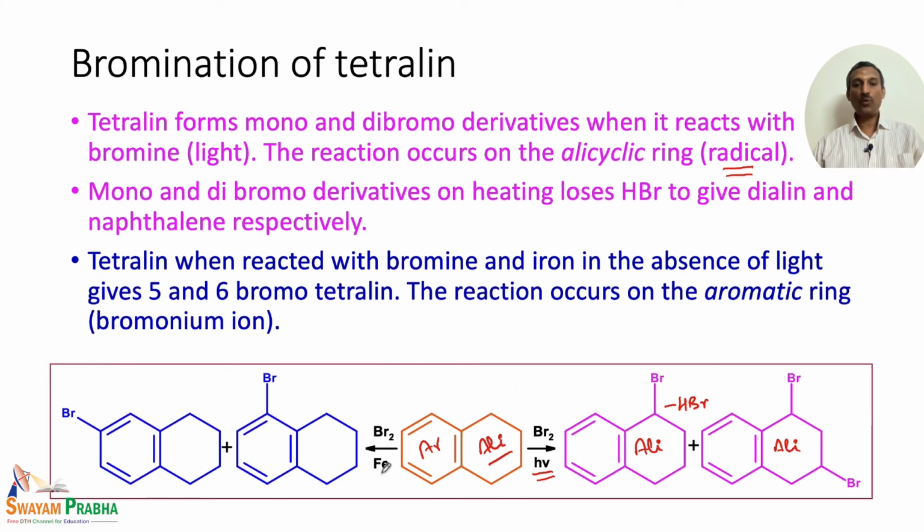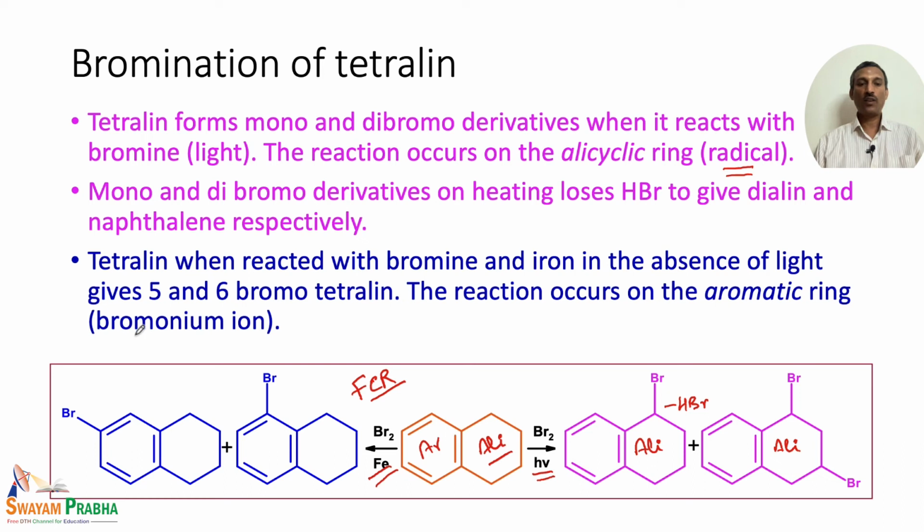And if we use an iron catalyst in the presence of bromine, this is very similar to the Friedel-Crafts reactions which we have seen earlier. In the Friedel-Crafts reaction, the bromination occurs on the aromatic ring.